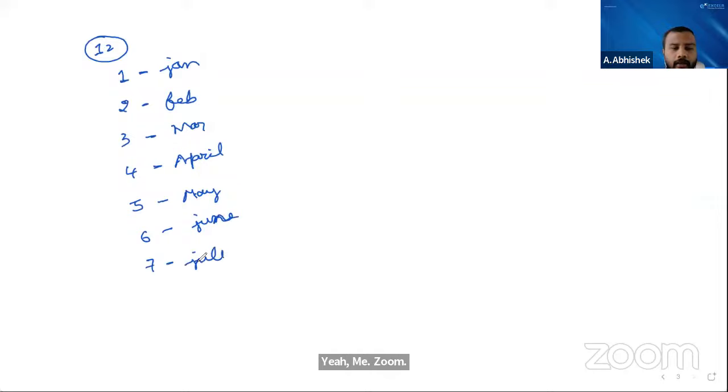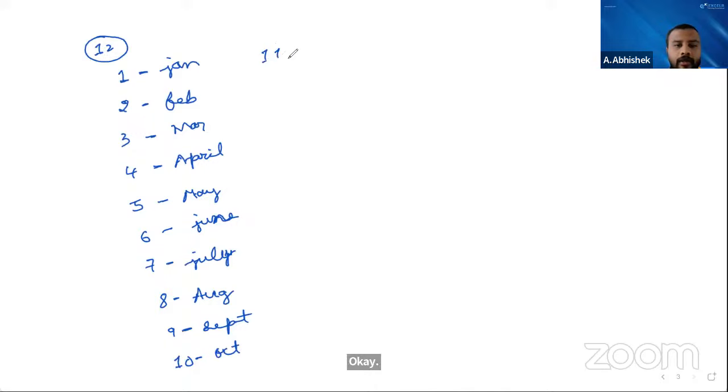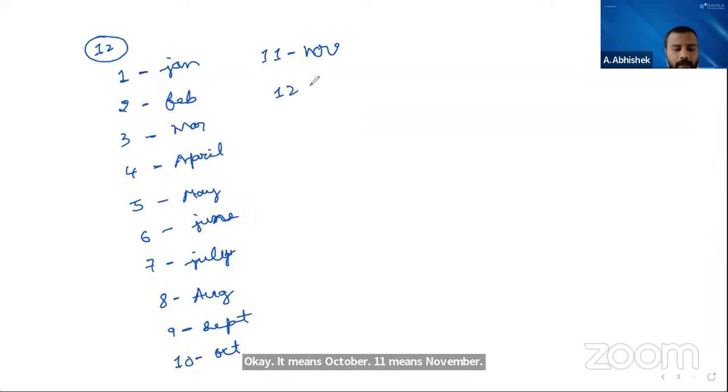July, August, 9 means September, 10 means October, 11 means November, and 12 means December.